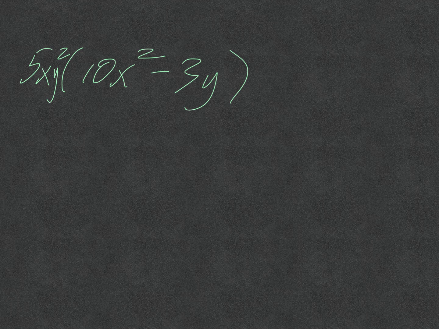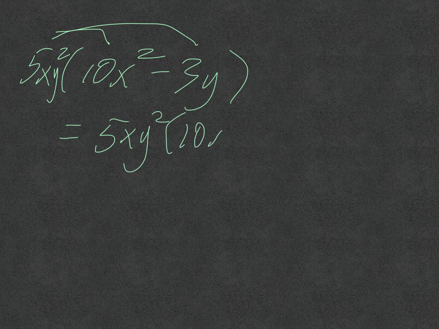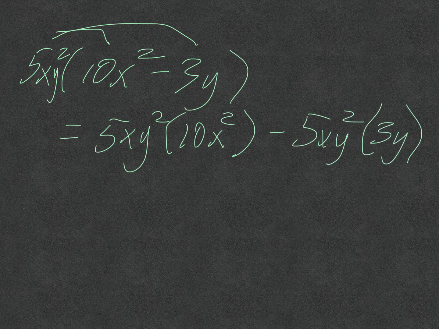If I have that sort of situation, then I'm going to do my distributive property, which will give me 5xy squared times 10x squared minus 5xy squared times 3y. All right? And 5 times 10 is 50. X to the first power times x squared is x cubed. All right? And then I have a y squared. All right? And that's how I multiply.